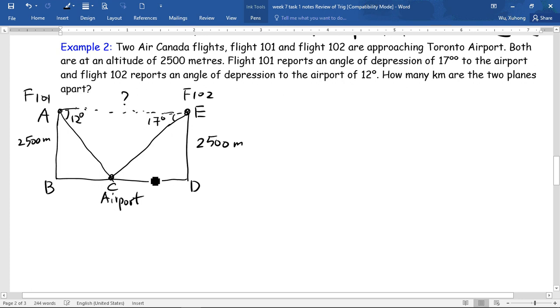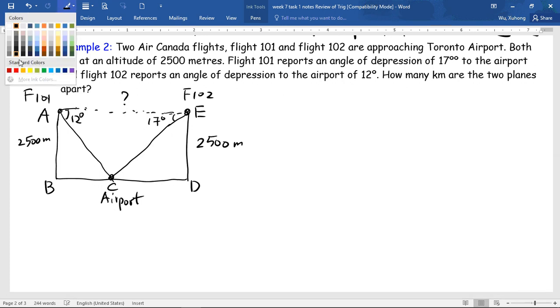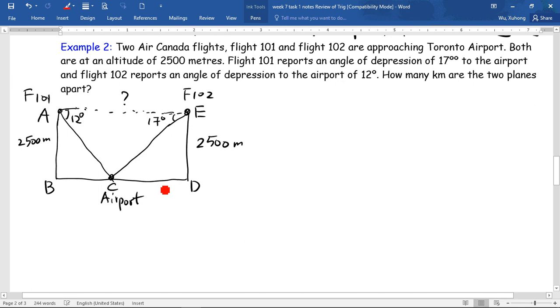We are going to decide which triangle to use first. So this is 12 degrees. We are able to find this angle from 180, take away 12, take away 17 degrees. You will have 151 degrees. Okay, so in this triangle you have 3 angles given but no side.